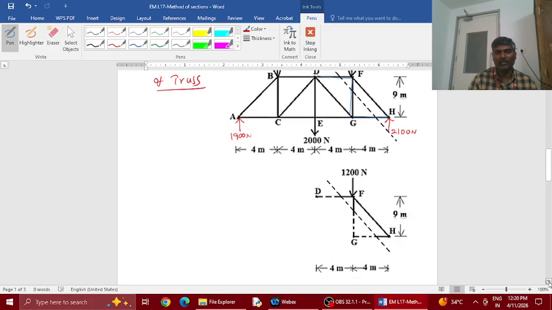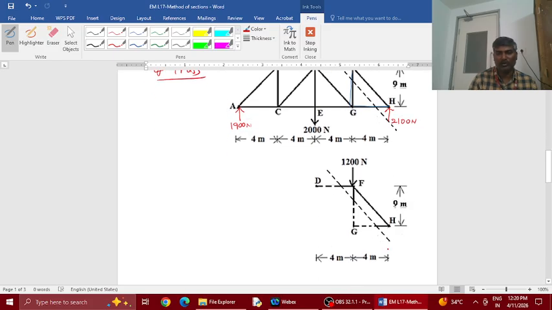Now I draw that right part alone. This reaction you shall mention is 2100 Newton. Now you see this member is cut into two parts. Represent the member force away from the section, which means you are assuming that this member force is tension.